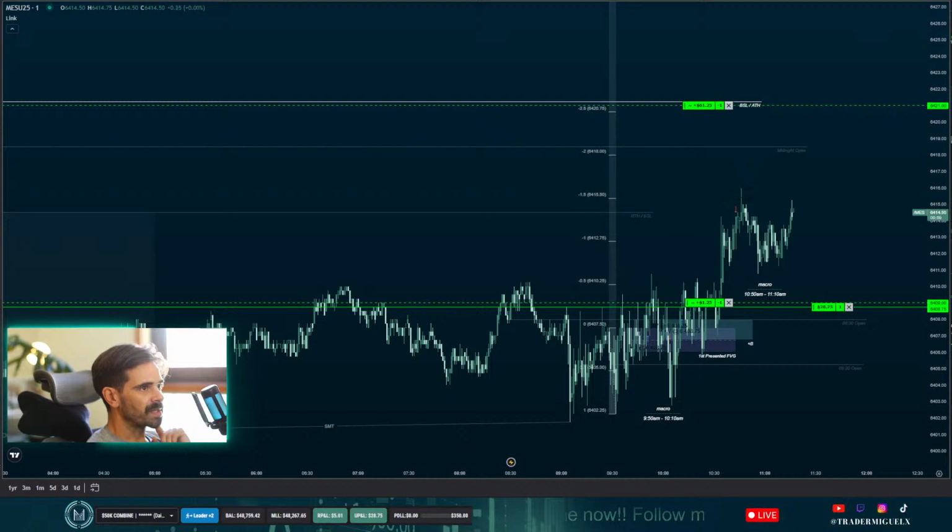I can eventually see higher prices on Euro USD. And if Tesla and Nvidia continue their upside, I think the indices will keep grinding higher.